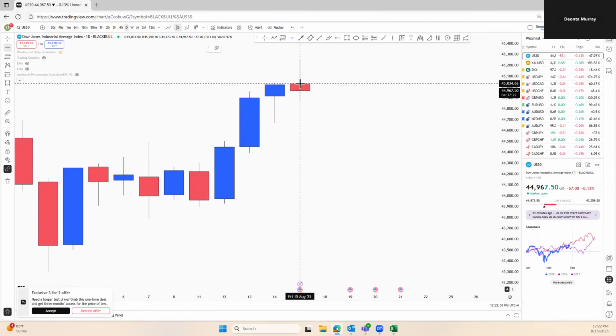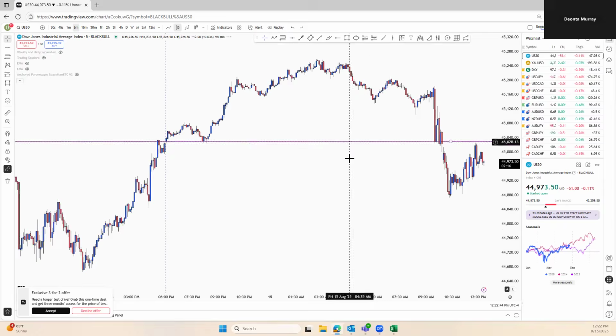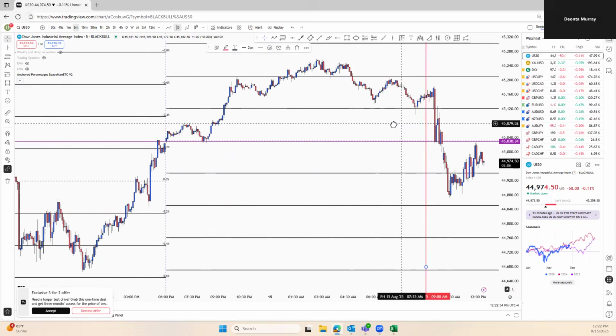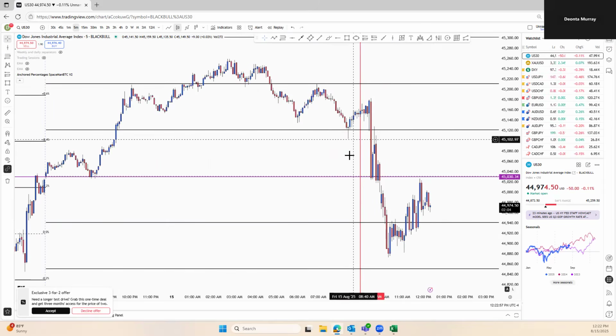If we go to the opening price, which is shown on the indicator, it opened here. And before 9 o'clock, which is kind of the opening for the London session, for the New York session, we didn't really have any wicks before that time period.